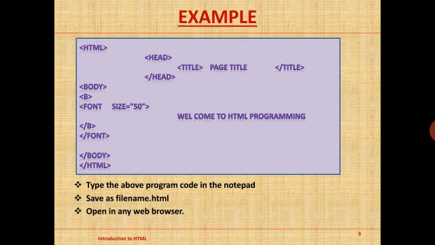The program code is typed in the notepad. Then, save the notepad as firstprogram.html. Important note is every file in HTML is saved with the file extension .html.